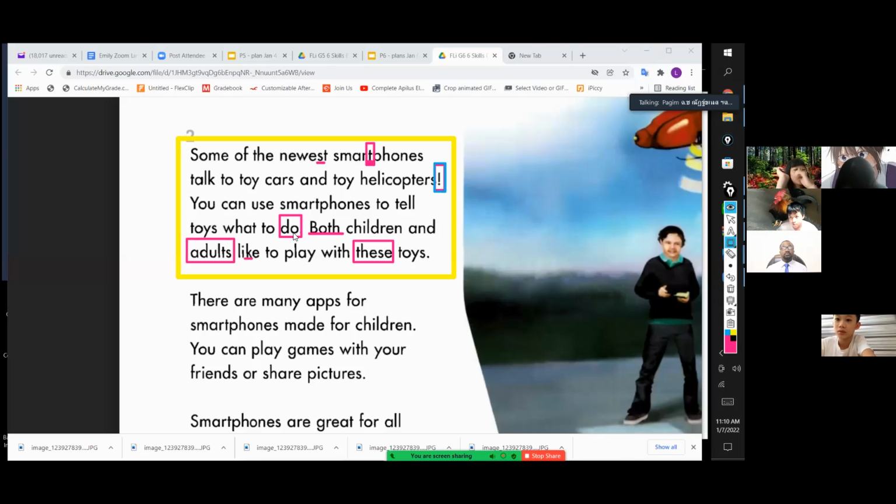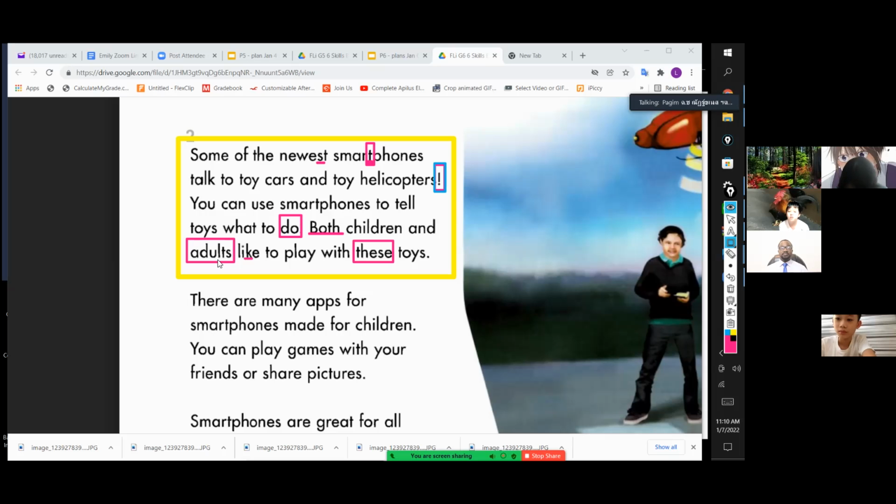Do. Good. Do, both. Both. Try again. Good.